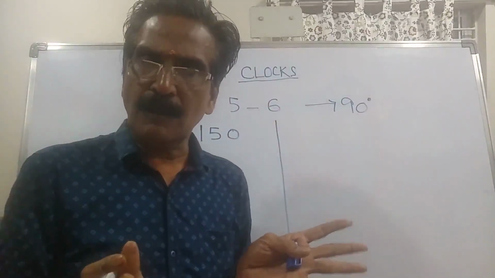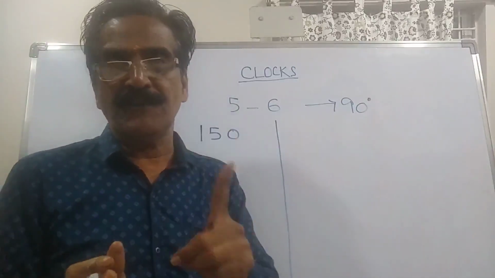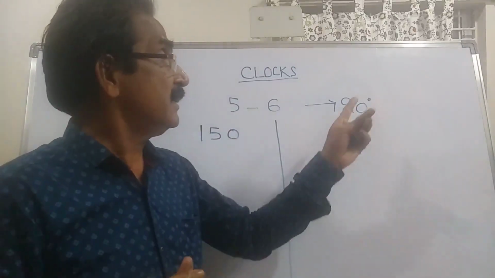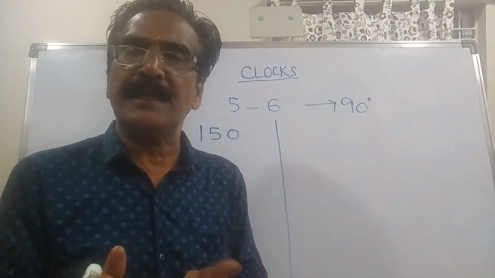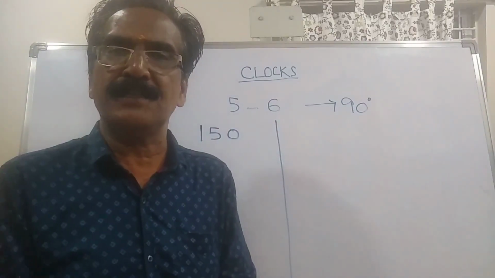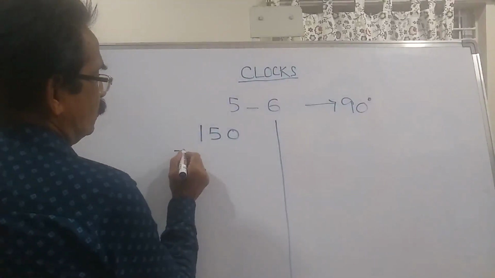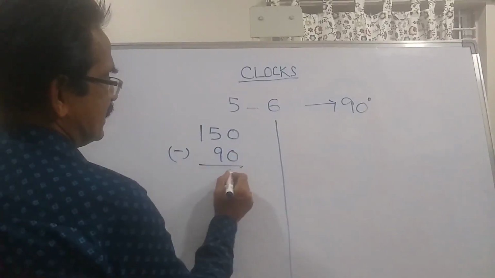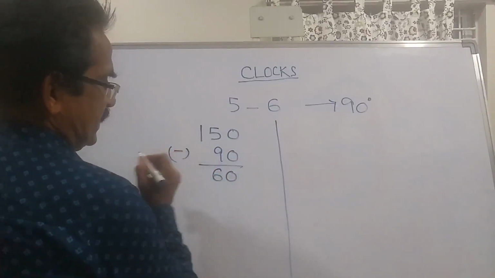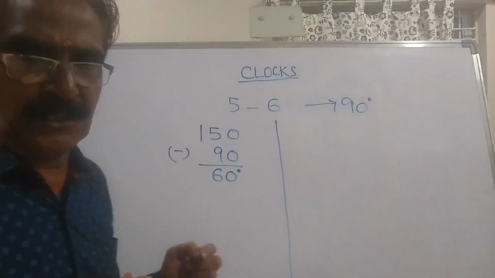At 5 o'clock the angle between the hands will be 150, but we want only 90. So we do 150 minus 90, that is 60 degrees, which must be reduced.